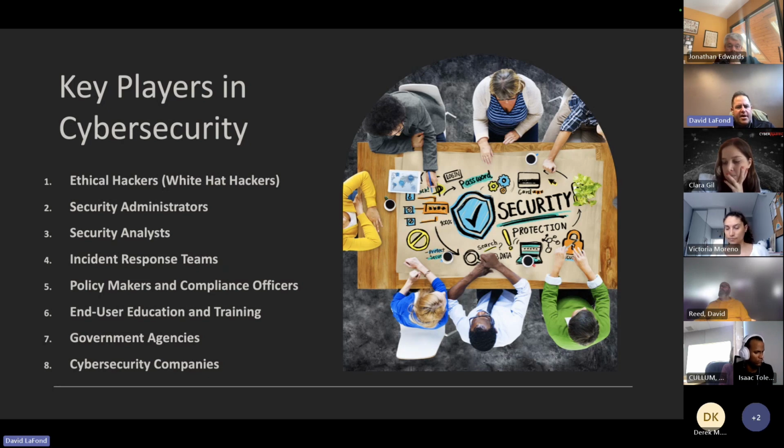You have teams that respond to cybersecurity issues, and they will be called our incident response team or incident response team members. And we have policymakers, compliance officers. Of course, we have end users who are trying to use those systems. And we might have regulatory bodies like government agencies. And to support them, we have companies, whether they be MSSPs or other individuals who are there to assist either from a staffing point of view or a tooling or another supportive role capability.